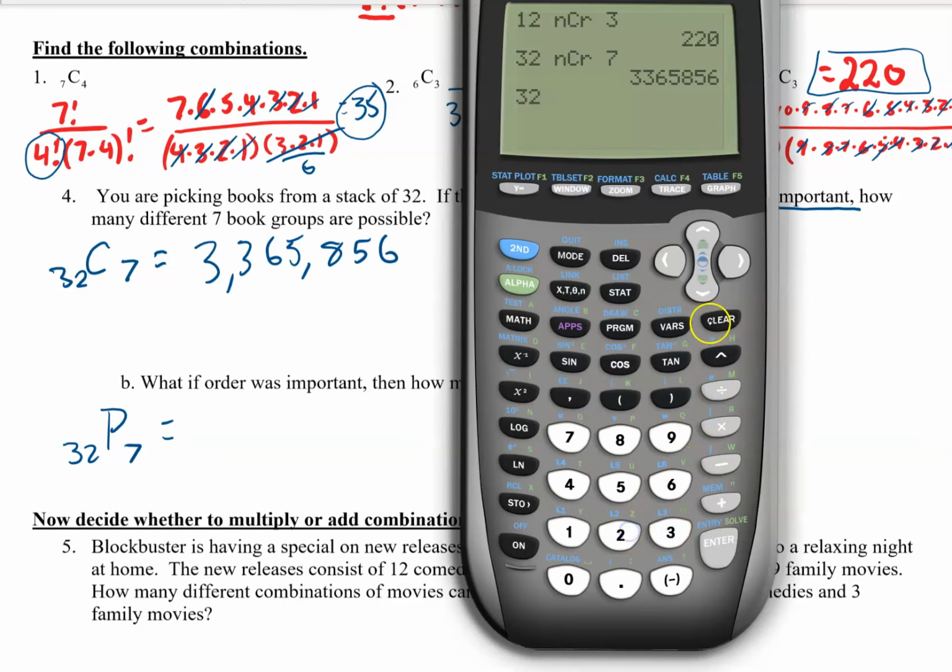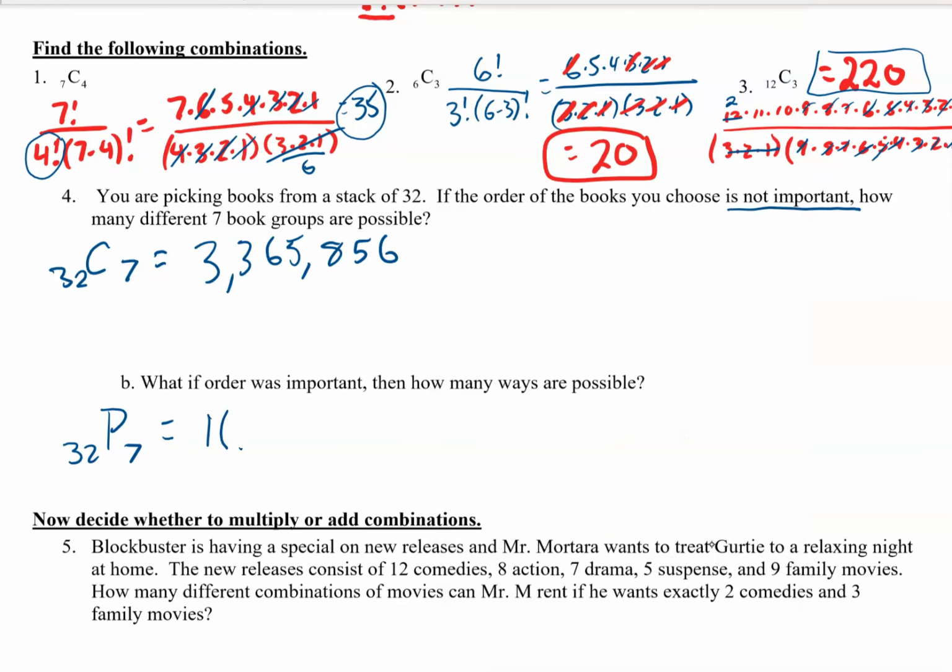We'll do 32, math, probability, and NPR, permutations, 7. So that E10 means times 10 to the 10th. So we have 16,963,914,240. Hundreds of thousands, hundreds of millions, billions. 16.96 billion options for choosing those books if order does matter.